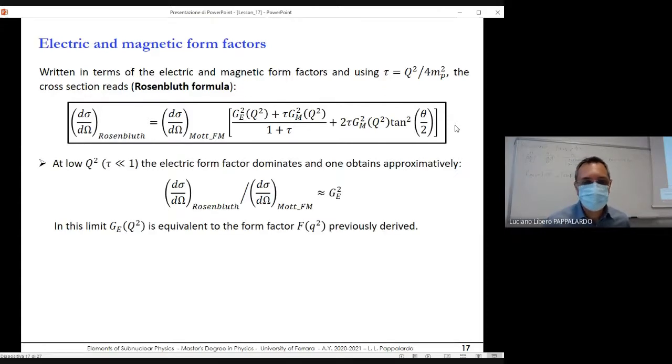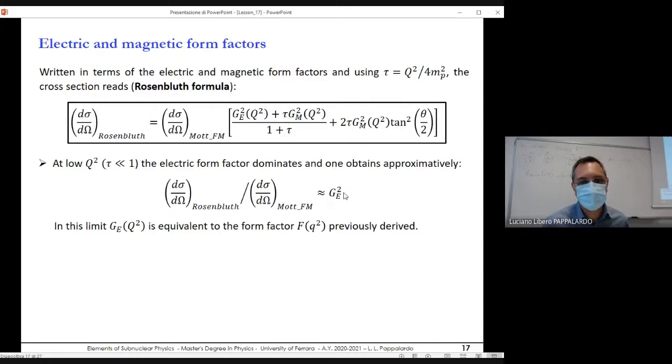Now, a few comments on this formula. When you work at very low Q squared, we now define tau, this quantity here. So low Q squared means low tau. Then it is the electric form factor that dominates. One can neglect the magnetic form factor in this regime. Essentially, when you divide the Rosenbluth by the Mott cross-section with finite mass, only this term survives. This is essentially 0, and this is 0, we can neglect this.